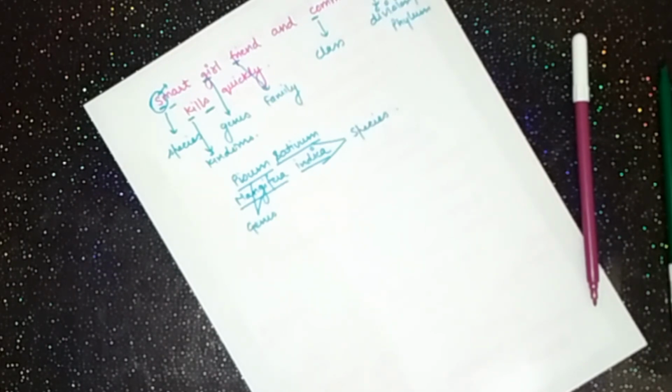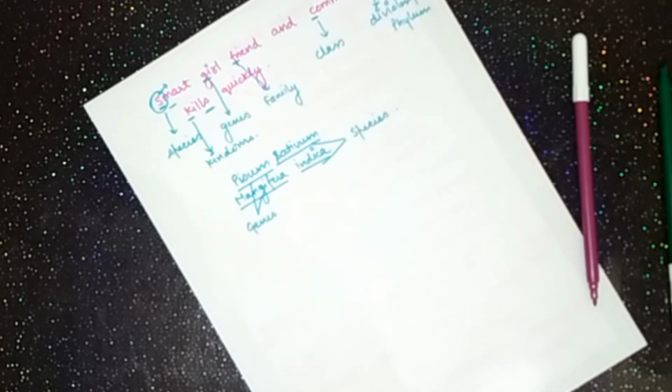Next is kingdom. It is the highest category in the hierarchy, related to phyla or divisions. In NCERT you can see a table which is very important. There are common names and biological names, then the genus, family, order, class, division. Man, biological name is Homo sapiens. Homo denotes the genus, family is Hominidae, order is Primata, class Mammalia, phylum Chordata.